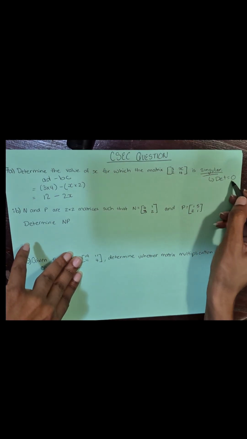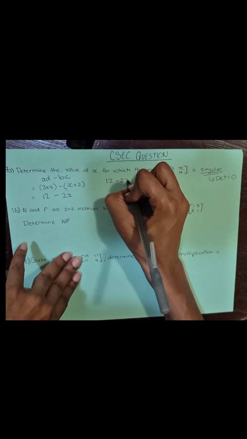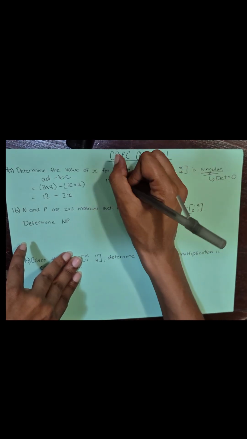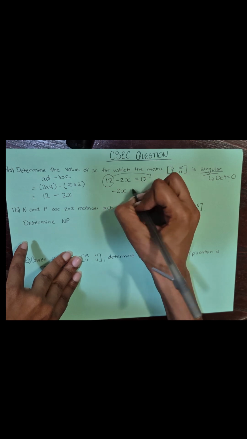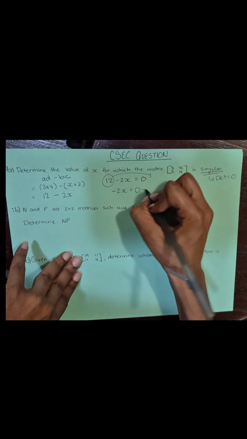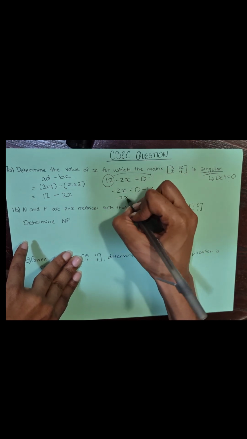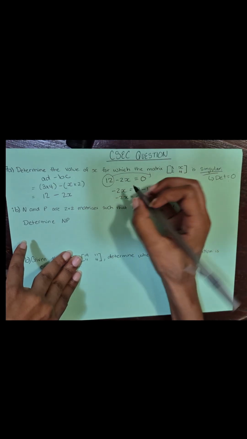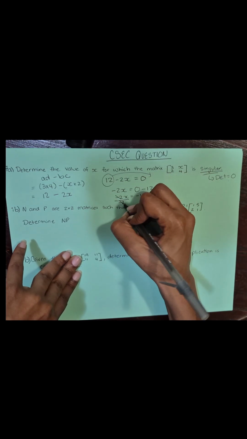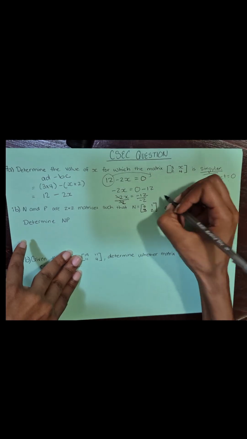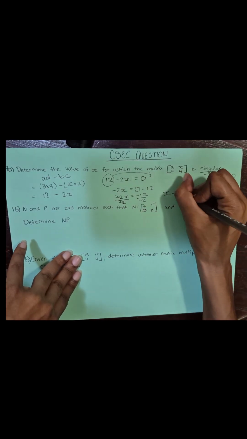They said it's singular, so 12 minus 2x equals 0. The thing that's far away, we move it first. So negative 2x is equal to negative 12. To get rid of the number attached to the letter, we divide, and so x equals 6.